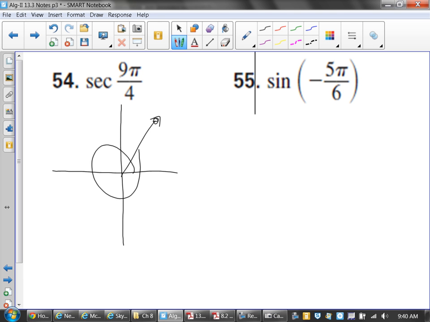So my cosine of the 45, I should write it as pi over 4, is root 2 over 2. Therefore, what is the inverse of that? Root 2. Very good. And it's positive because it wound up in the first quadrant.